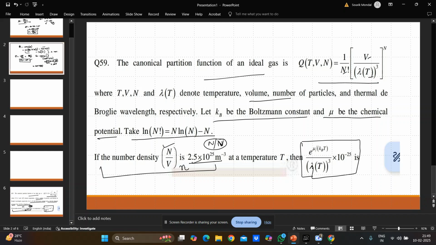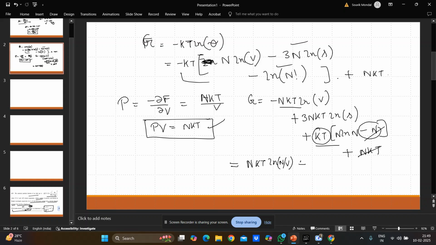So NkT log N by V plus NkT log lambda cubed. Now you can write it as small n if you want, so your NkT log small n lambda cubed.